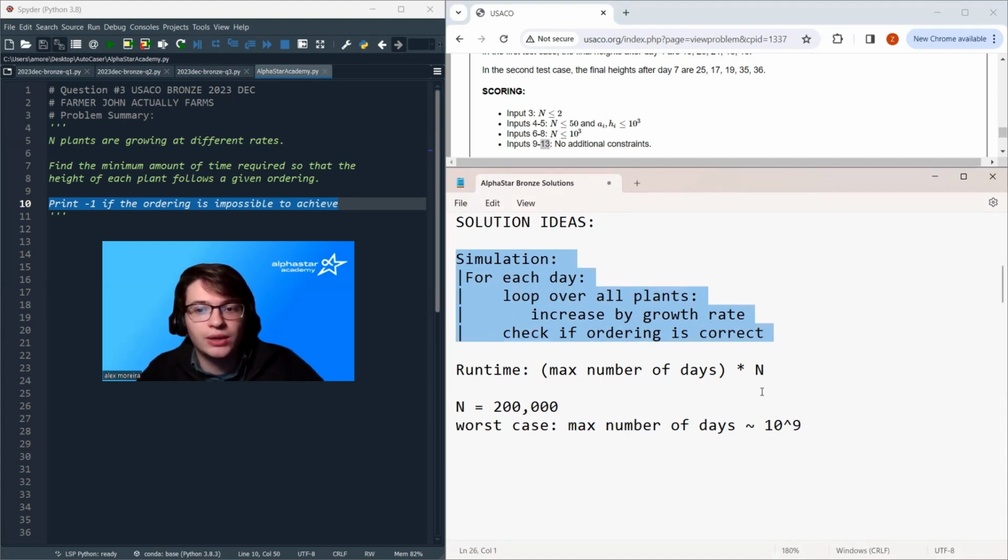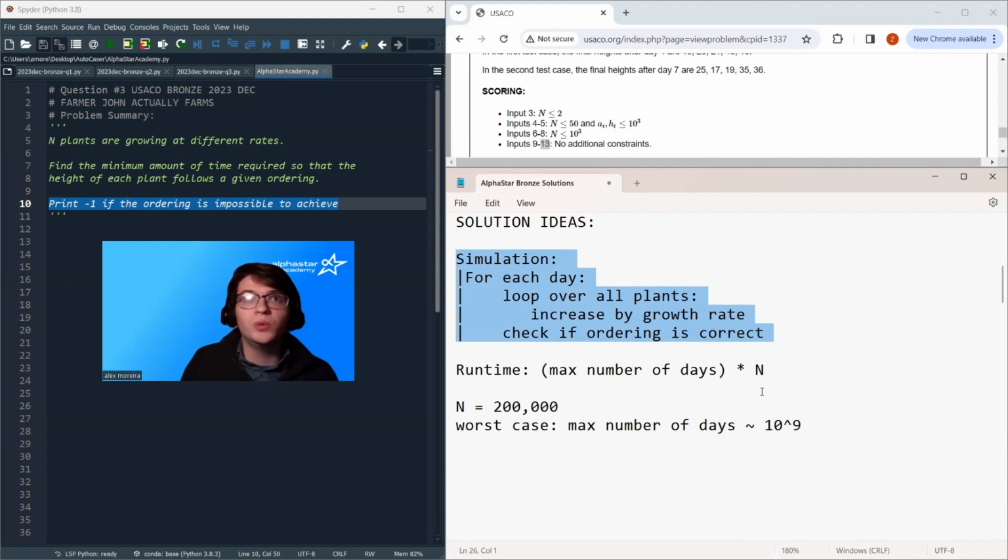Well, the right idea is a little bit hard to jump to, but the idea is that we don't need to go step by step looking at every single plant's growth rate. We loop over all the days, increase the heights, loop over all the days, increase the heights, right? This could take a really long time. Instead, we should see if we could jump into the future and find the value of t that's the perfect value of t.